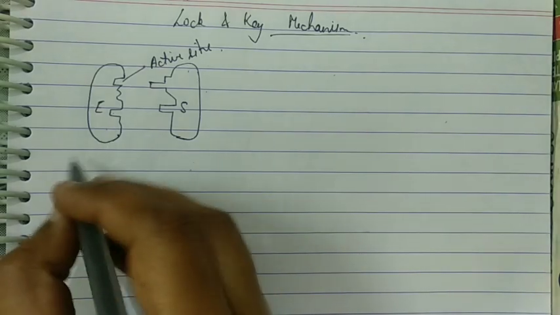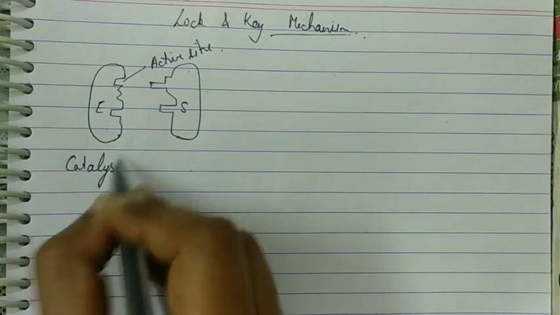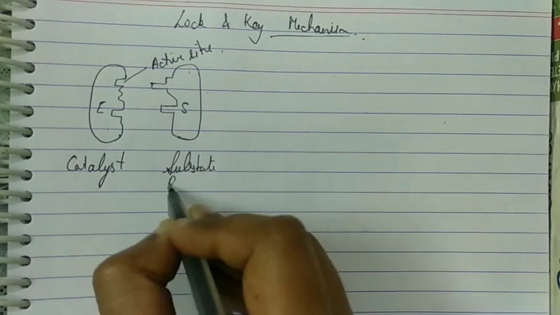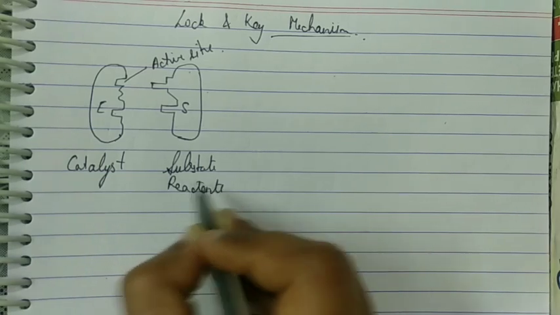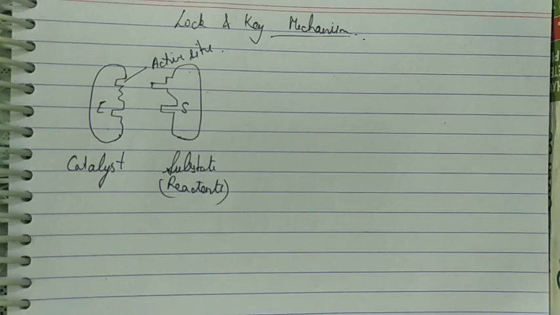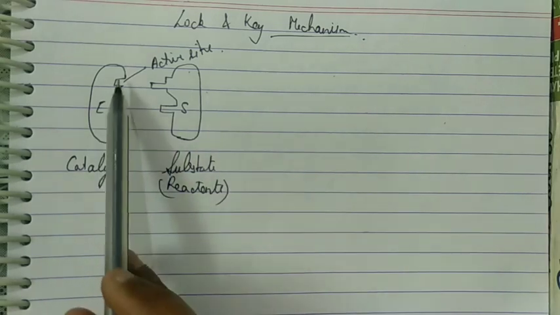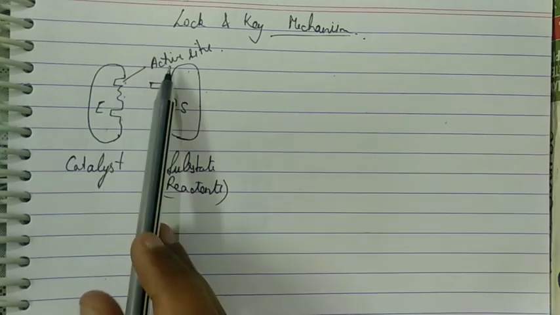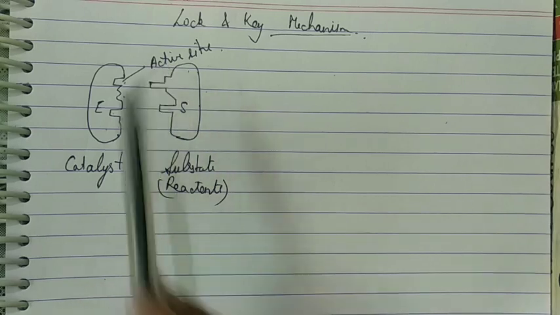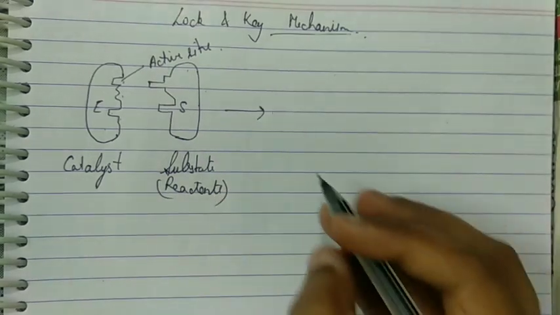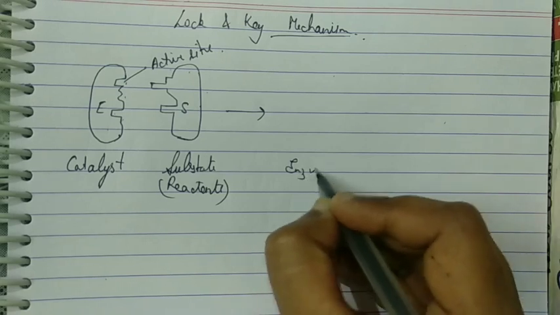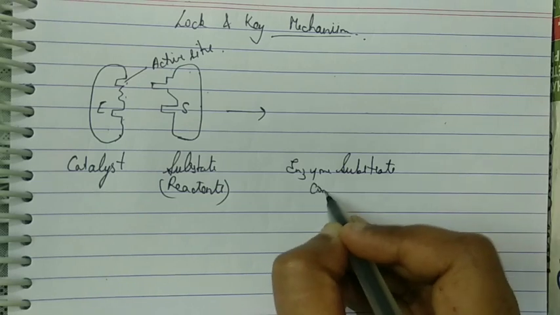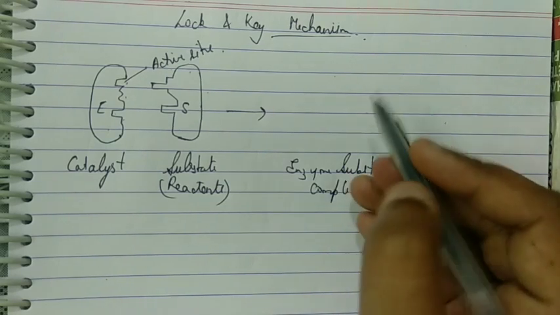Now this enzyme acts as a catalyst and the substrate acts as a reactant. Now what happens when this substrate comes and binds to the surface of this enzyme, that is in its active site? It leads to the formation of enzyme substrate complex.